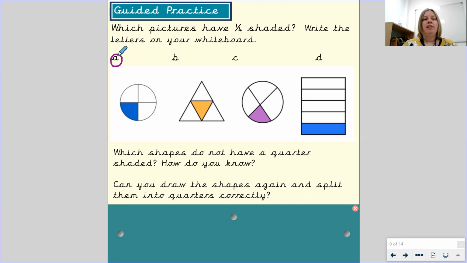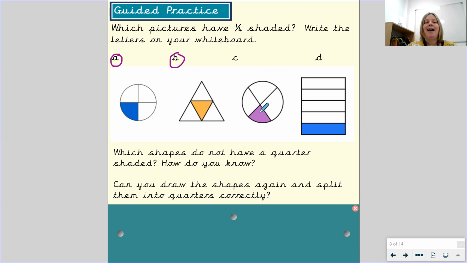Let's look at the triangle in B. The triangle is split into how many equal parts? 1, 2, 3, 4. One part is shaded, so 1/4 is shaded because each part is equal. If we look at C, one part has been shaded, but our parts aren't equal.